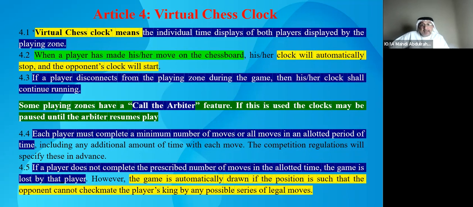For that, the arbiter must be confident, stop the clock, speak with both players, then run the clock and continue the game. In this case, they have 50 moves. If within 50 moves the player with the two knights beats his opponent, he won the game. If not, it will automatically be a draw.